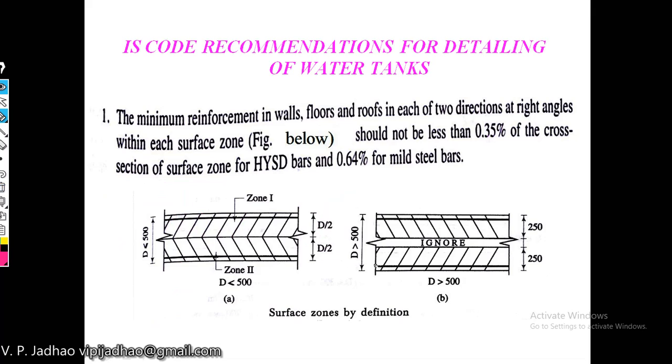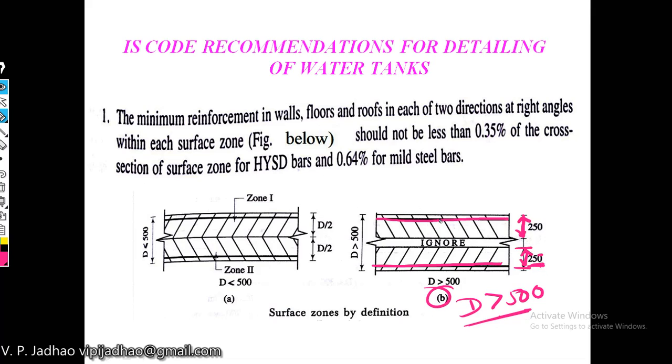Then if the thickness of your slab is greater than 500 mm, we have to go for this particular figure B. Now if thickness is greater than 500 mm, then the thickness of this surface zone for the top reinforcement will be 250 mm only, and for the bottom reinforcement it will again be 250 mm only.